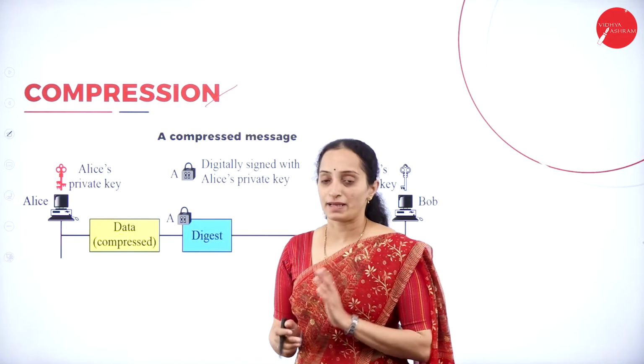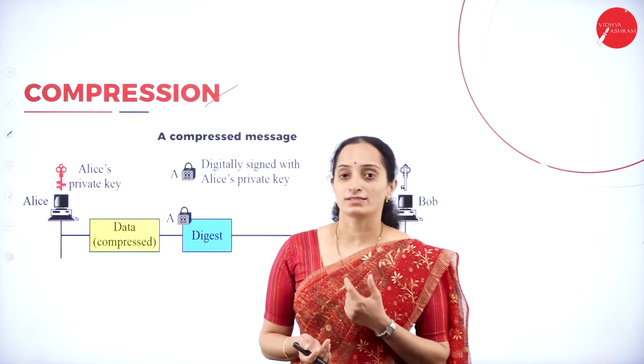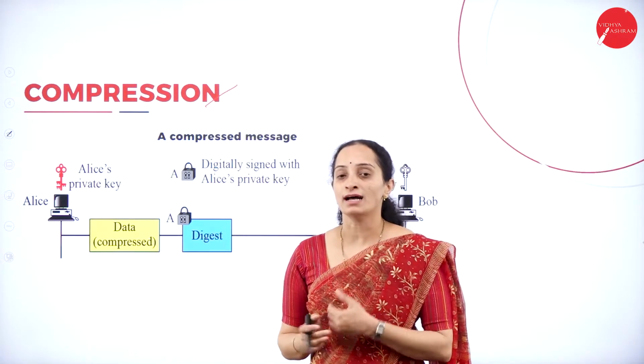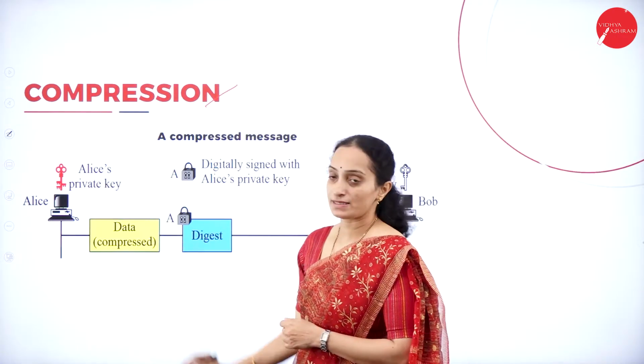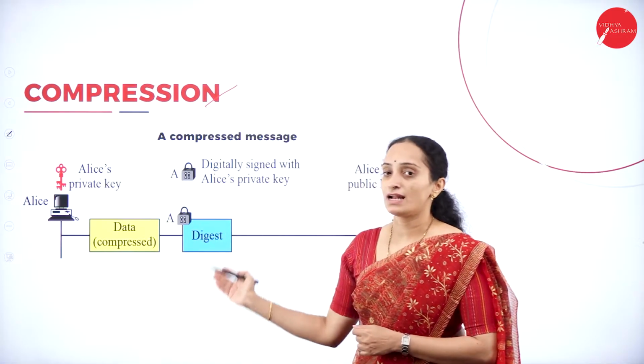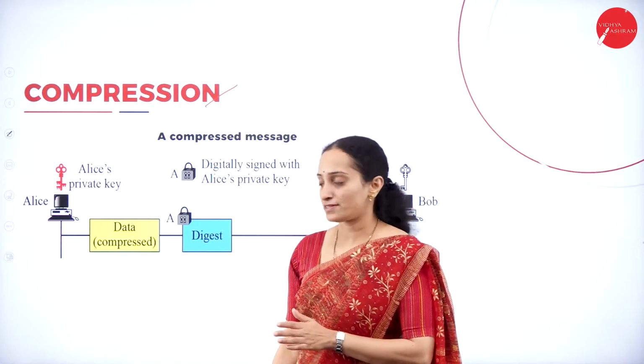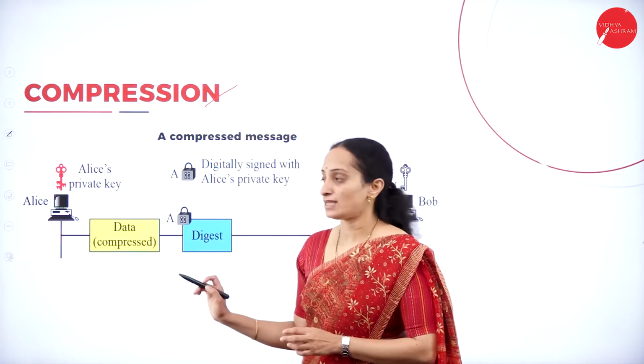There is no security benefit in this, but it eases or reduces the traffic when you compress the data. The compressed data will have the hash function applied to create a message digest.